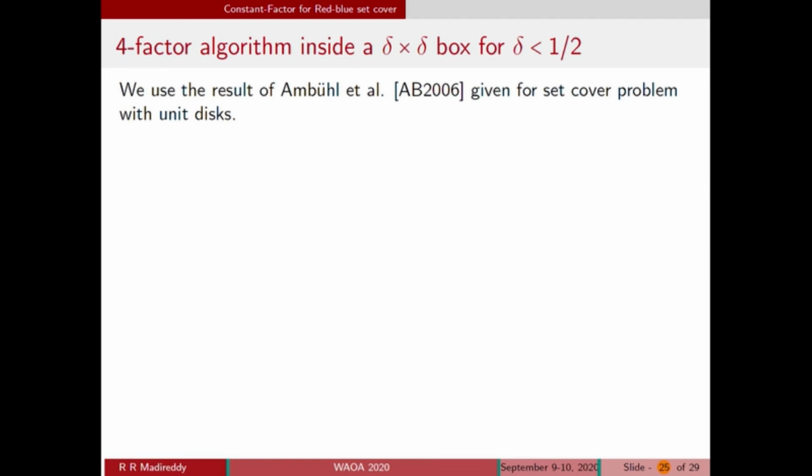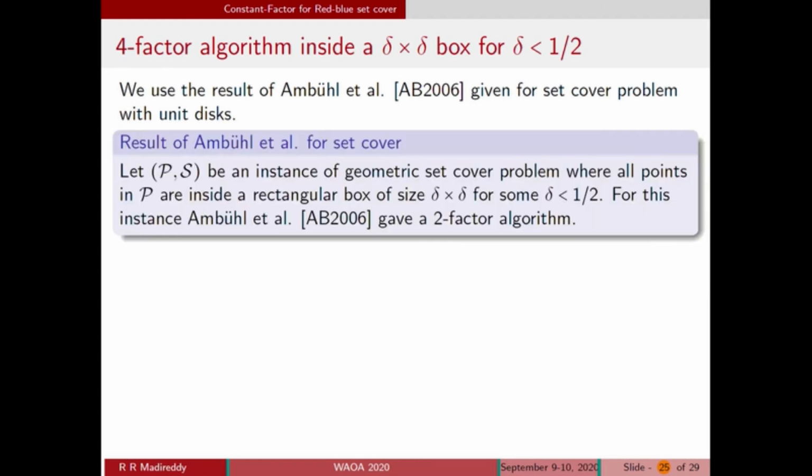So the result is, you are given a set of points and a set of disks, the geometric set cover problem, where all points are inside a rectangular box of size delta cross delta, where delta is less than half. For this problem, Ambul et al. give a two-factor approximation algorithm.